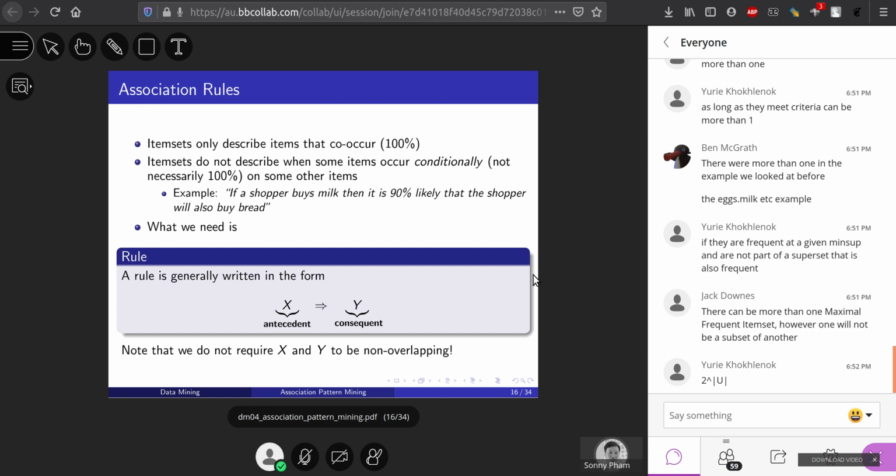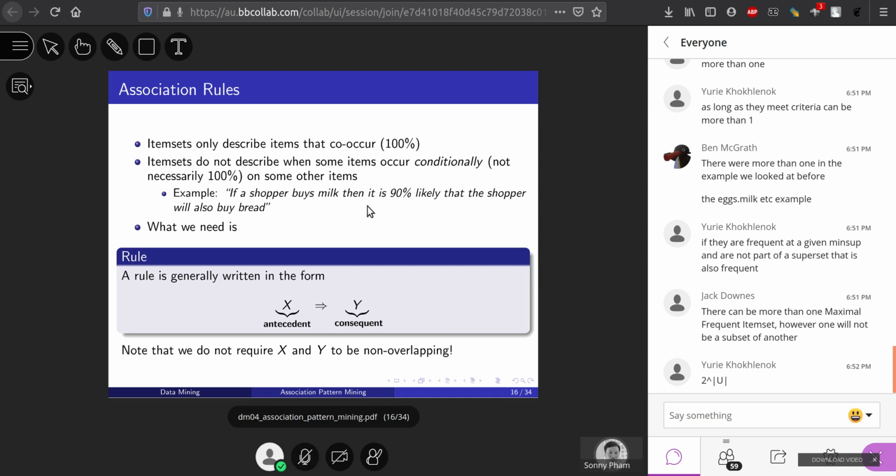So what is the goal that we're trying to achieve here? The goal is that we want to assign some probabilistic sort of meaning to the statement, right? When we say item sets or frequent item sets, we typically refer to items that co-occur, and we mean 100%.